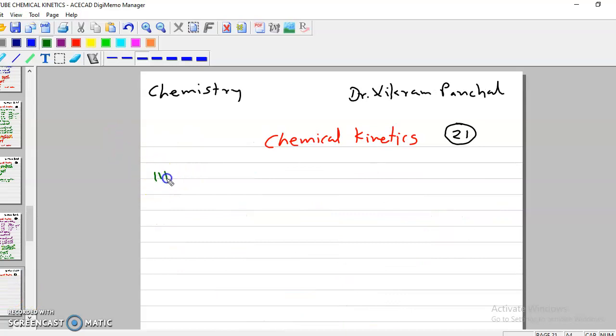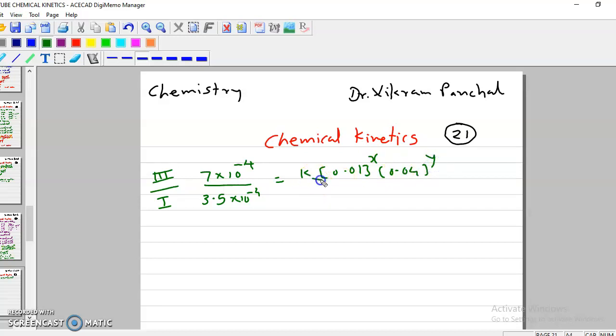So set 3 upon set 1, which is 7 into 10 raised to minus 4 upon 3.5 into 10 raised to minus 4, which is equal to k into 0.01 raised to X into 0.04 raised to Y upon k into 0.01 raised to X into 0.02 raised to Y. All this will be cancelled: 10 raised to minus 4 cancels, k cancels, and X also cancels.